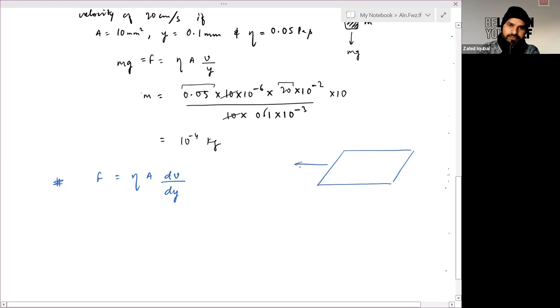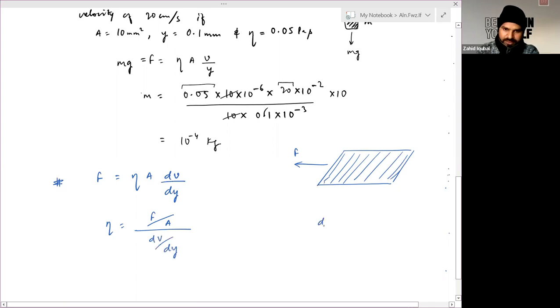The force must be tangential to it along this direction over this particular surface. So eta will be equal to force divided by A, whole divided by dV by dy. Let me break this particular component. dV is velocity, so we may write dx divided by dt, multiplied by dy.